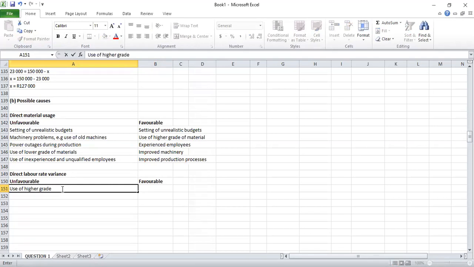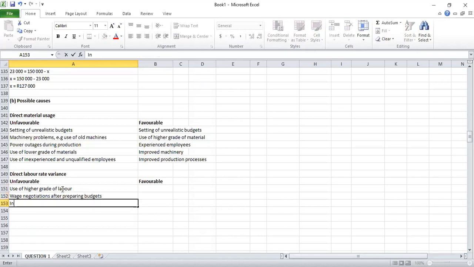You end up paying more. Wage negotiations after preparing budget. Inflation beyond expectations, which can cause salaries to be hiked.